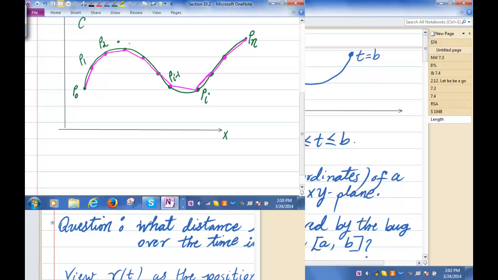So dot dot dot, meaning that you have P1, P2, P3, P4. At some point you have Pi minus 1, Pi, and then dot dot dot, you have the last one, Pn.